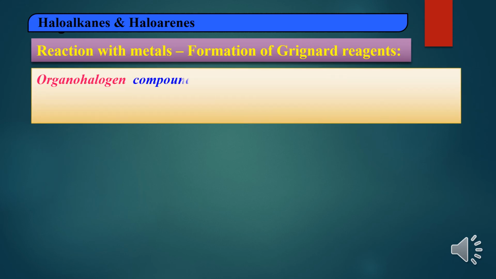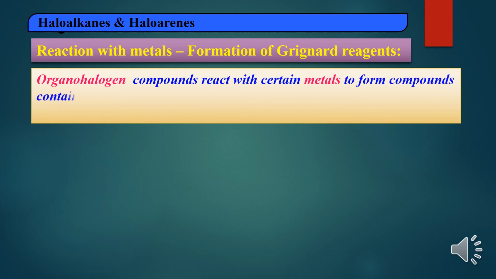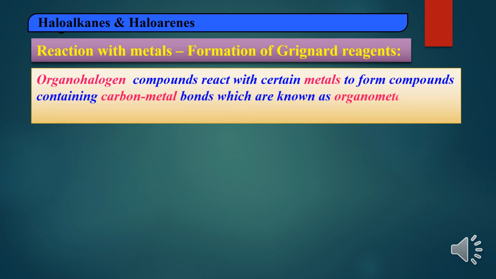In this case, organohalogen compounds react with certain metals and form organometallic compounds. Organohalogen compounds, that means alkyl halides, react with the metals and form alkyl metal halides, that is nothing but organometallic halides.